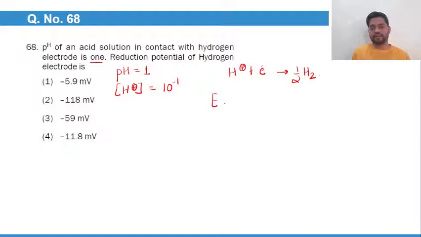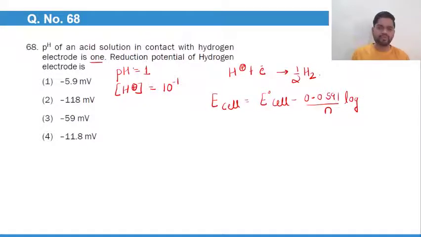And electrode potential, that is E of a cell, is nothing but E naught of a cell minus 0.0591 by n log of this concentration. Okay, this pressure is not given, so we'll take 1 atmospheric pressure, and 1 raised to anything is again what? 1.